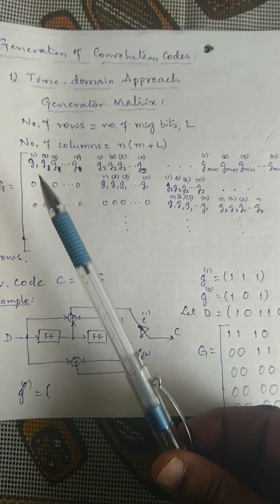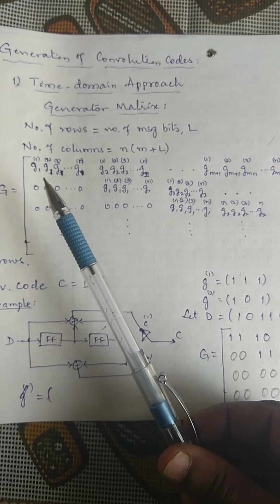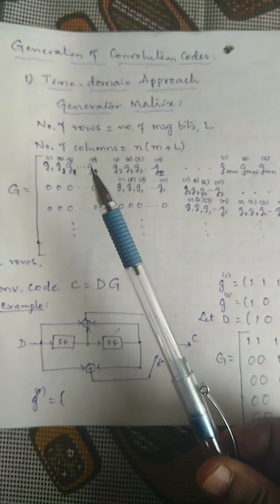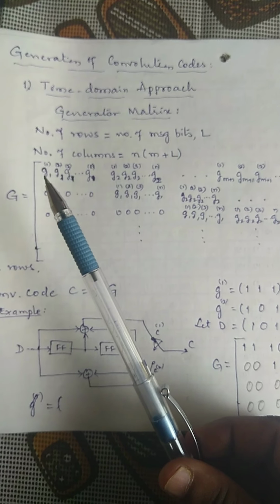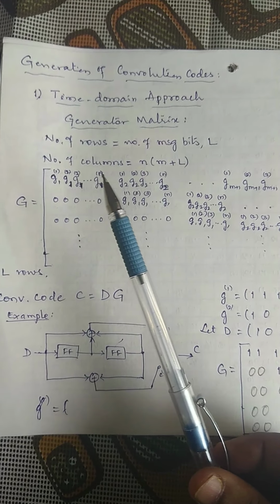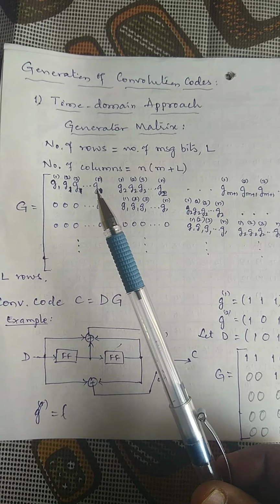There are n generator sequences, and the first bit of all the n generator sequences is one set.